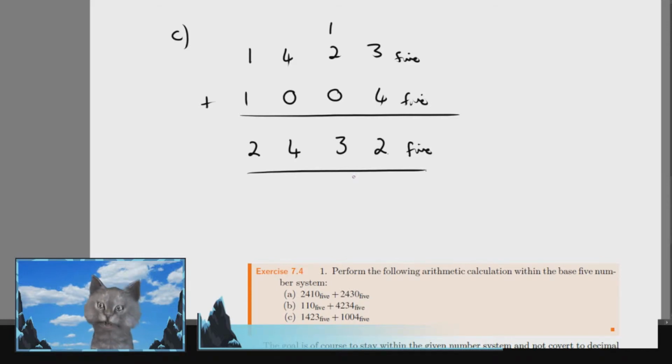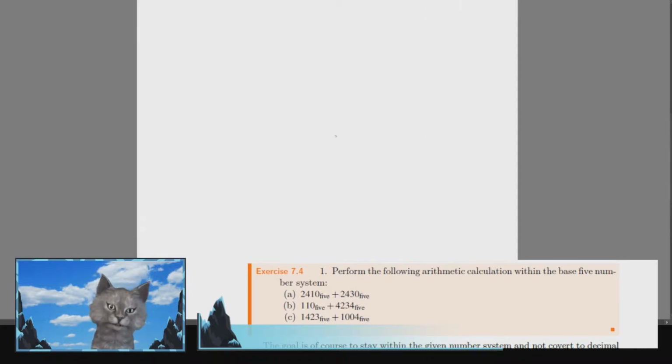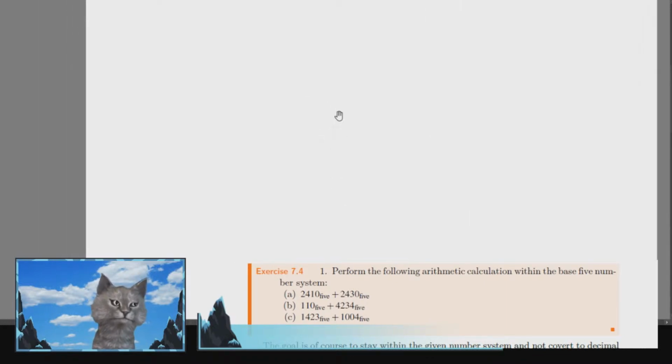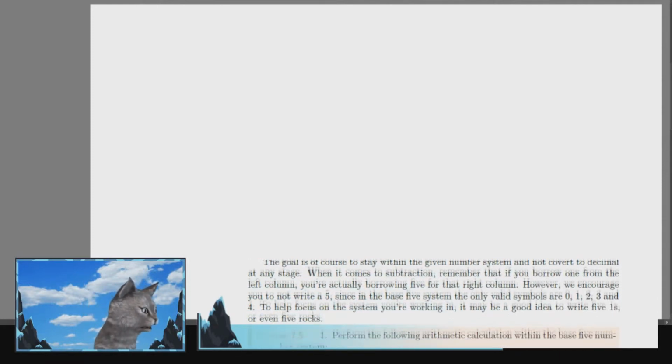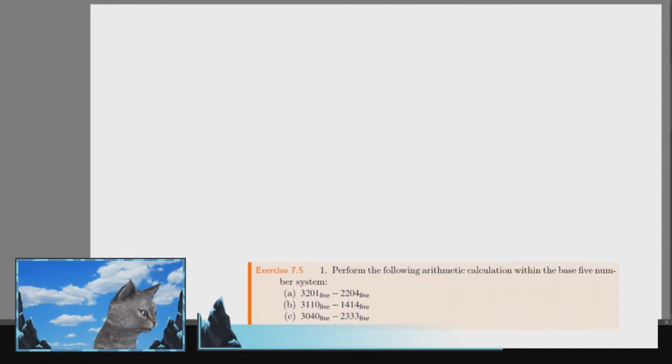All right, let me make a new page. And we can go to some subtraction. Counting in fives, so that when you go back and look at your decimal system, you'll look at it much more objectively and be more aware that we're counting in tens.